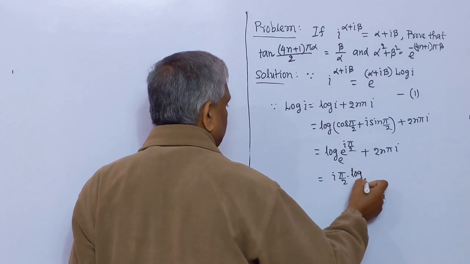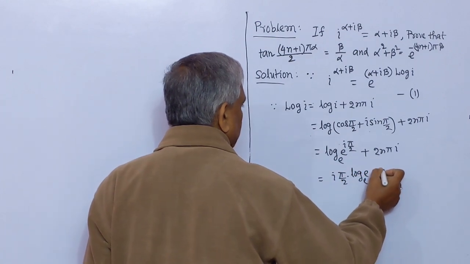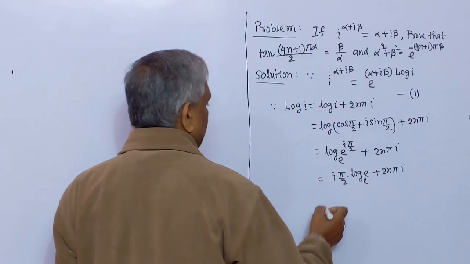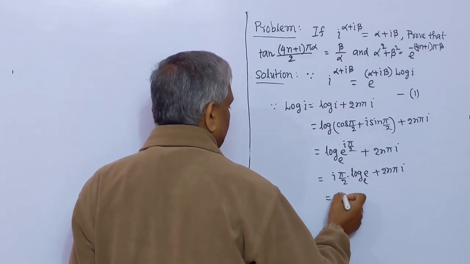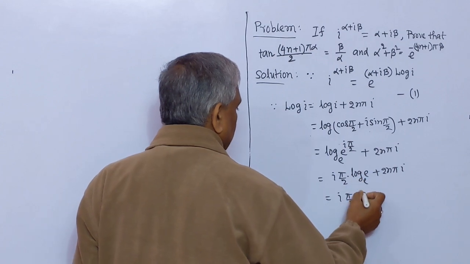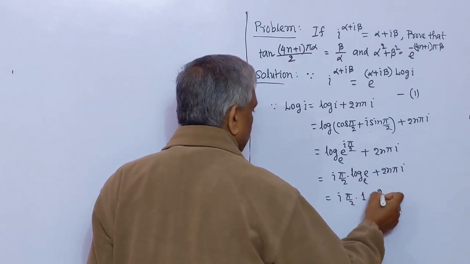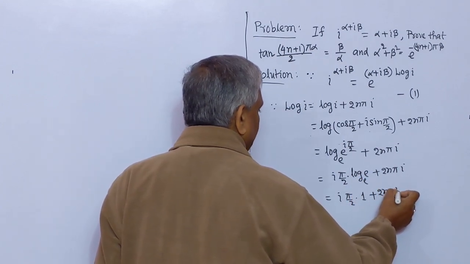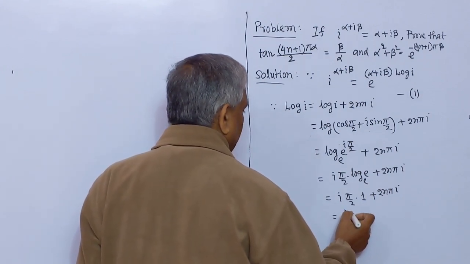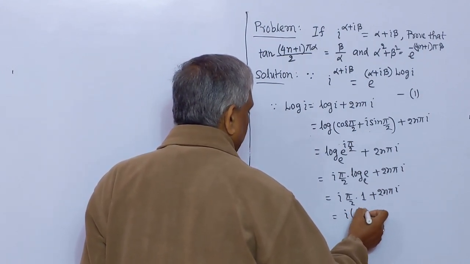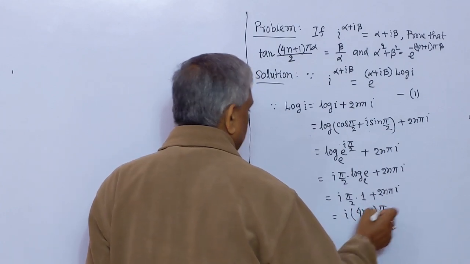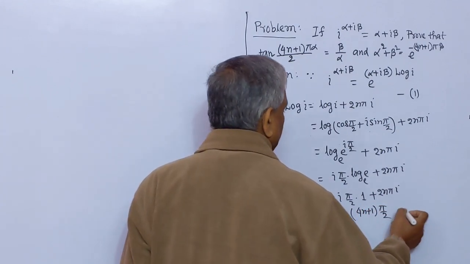Log base e of e is 1, so this is equal to i(4n+1)π/2. Let this be number 2.